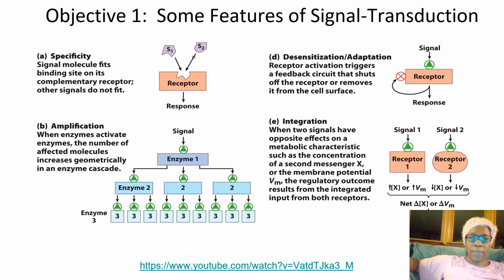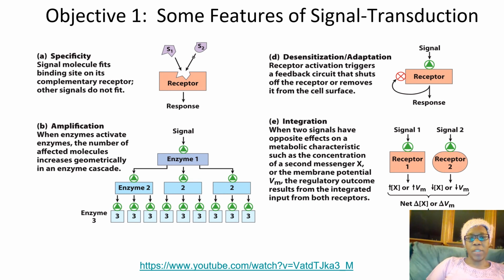The second general feature of signal transduction is particular to signal transduction, and that's amplification. So we'll see a signaling molecule would bind to a receptor. It will cause a conformational change, which would activate an enzyme. That enzyme might create a second messenger. So we'll see that come up over and over again.